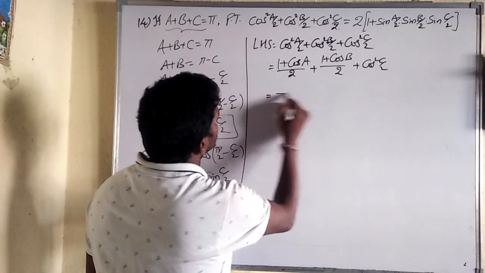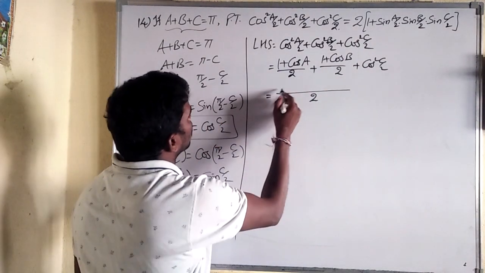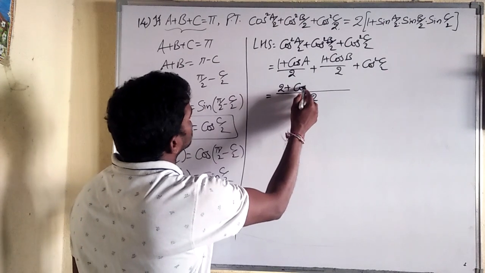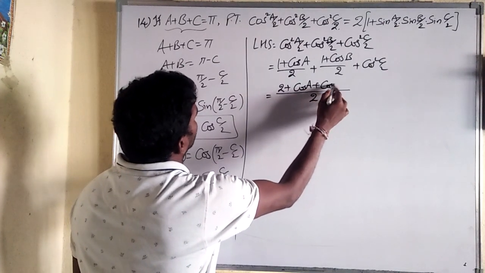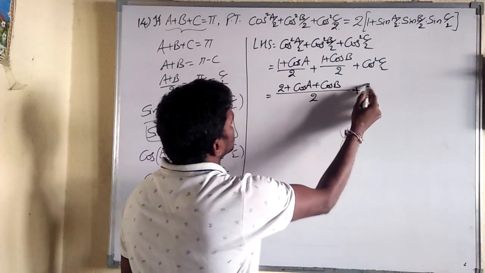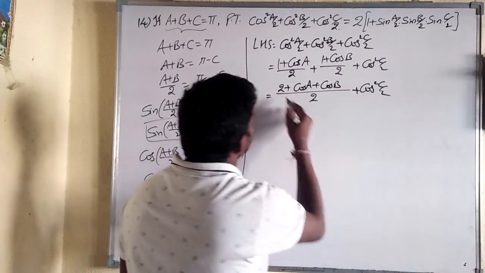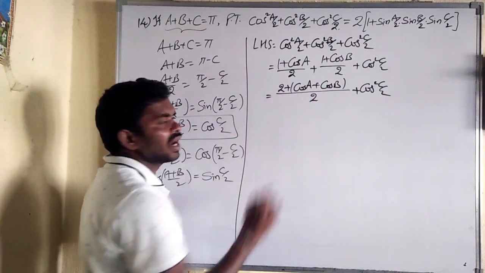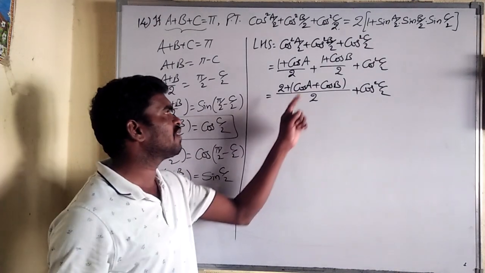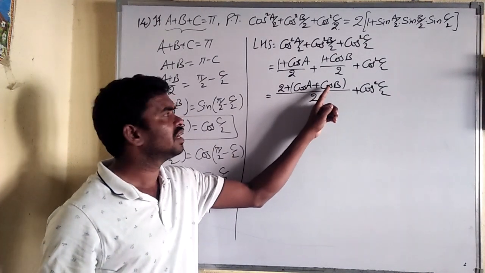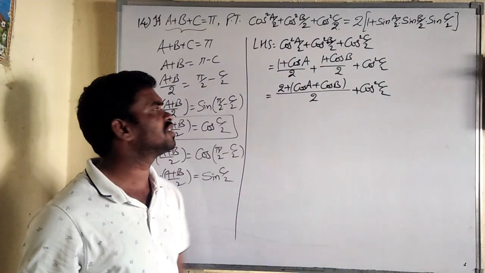So in both, 2 is the denominator. 1 plus 1 becomes 2, plus cos A plus cos B for the remaining, and then plus cos square C by 2 as it is. See here, we can take cos A plus cos B combined and apply the cos C plus cos D formula.